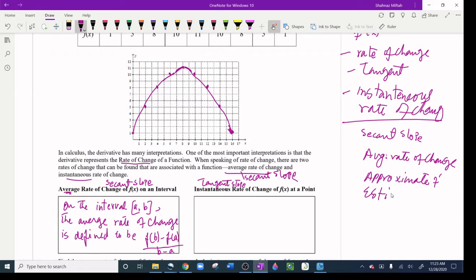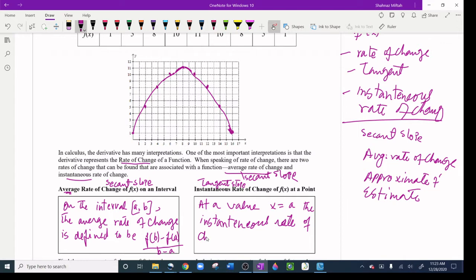So the tangent slope of f of x at a point, this says at a value x equal a, the instantaneous rate of change is defined to be f prime of a, like a derivative.